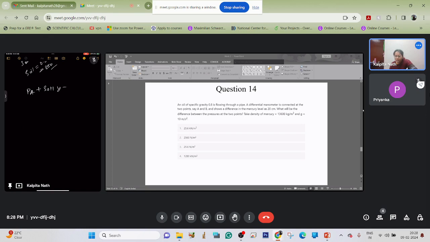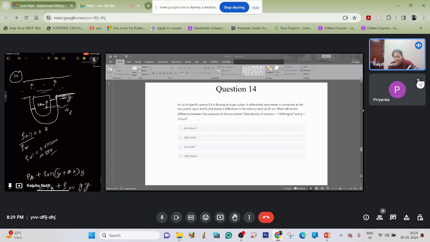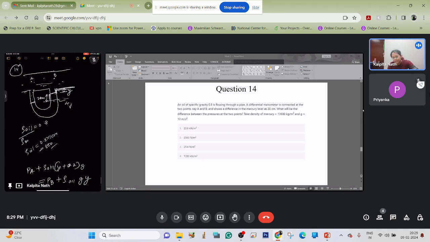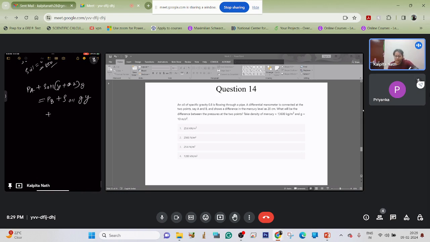So Y plus 0.2 in meter into G is equal to pressure at point B plus density of oil into G into Y for this, because this is oil here, plus this 20 centimeter portion is covered by mercury, so we'll take density of mercury there. So density of mercury G into 0.2.